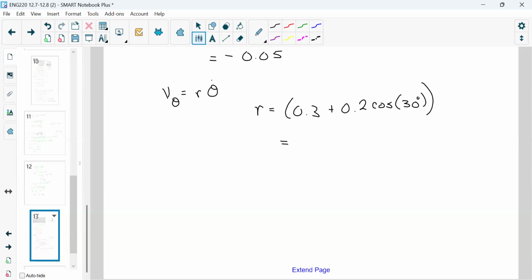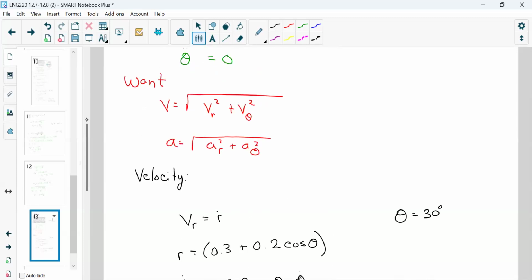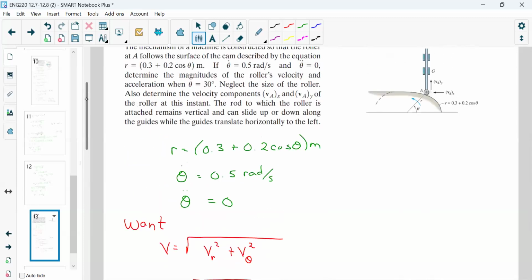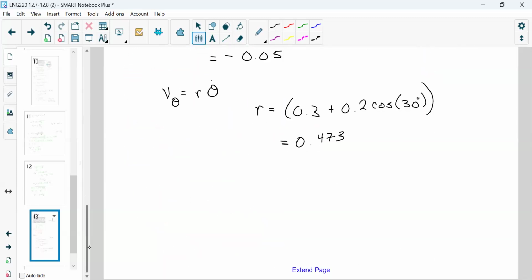So this becomes 0.473, at least that's what the author got. And our theta dot, it was 1/2, correct? Yes. So our V sub theta is then going to be 0.473 times 0.5.